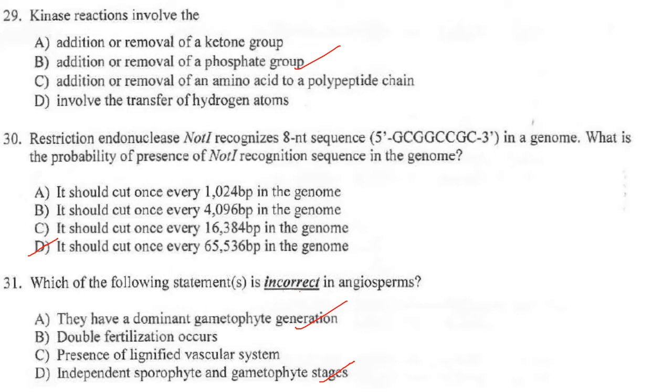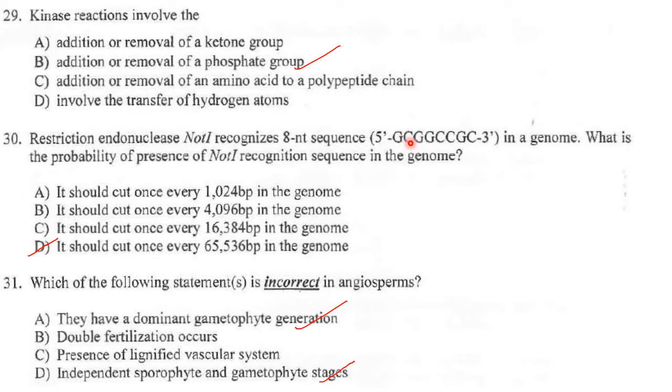So, what is the probability of finding a G at position 1? Now, this is position 1. So, what is the probability of finding G at position 1? It is 1 by 4, okay, because there are 4 nucleotides, so 1/4.